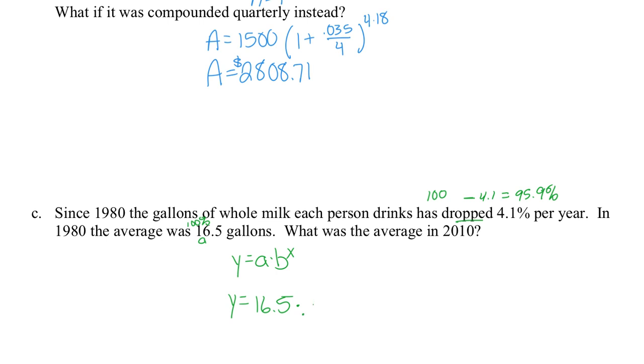So 0.959 to the X. And I'm looking from 1980 to 2010. That would be 30 years. So my X will be 30. Let's erase that X and we'll update it. From here, this is all straight calculator work now. So Y equals 4.7, and we're talking gallons of milk.